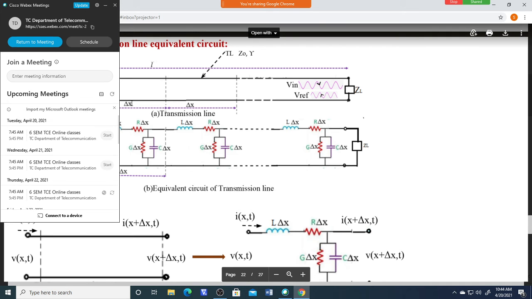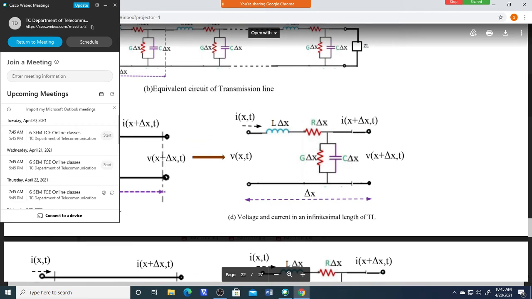That's why we will take a small elemental length here, like the delta x, and we apply a voltage here. Like this, we take a small elemental length and we apply V of x comma t, I of x comma t. It enters this small piece of transmission line and passes through it. Its length is equal to delta x. What is the output current after passing through this?